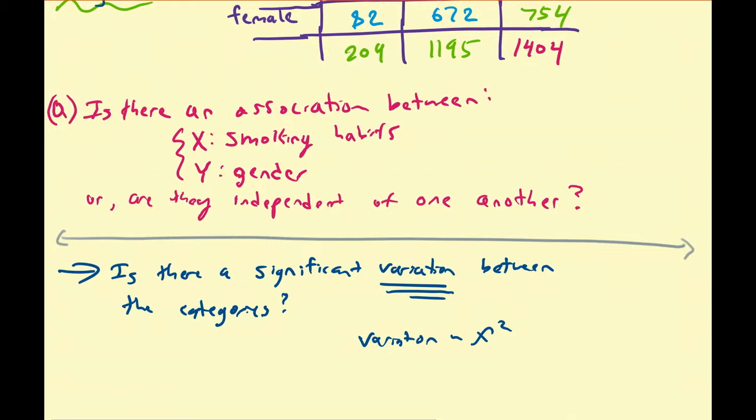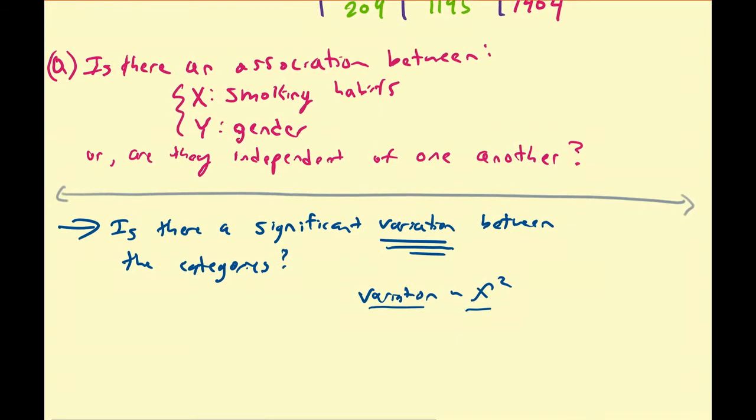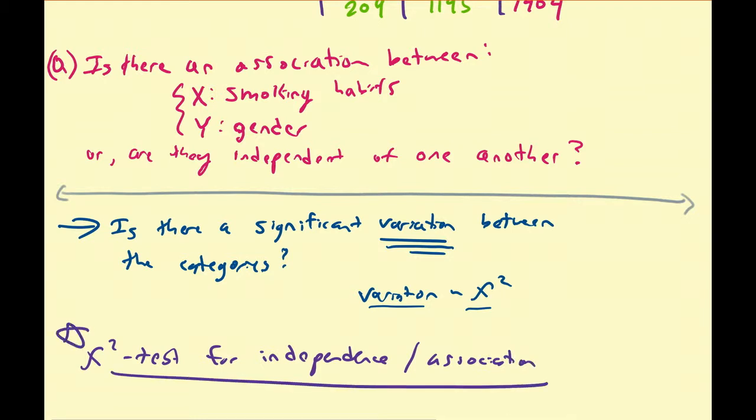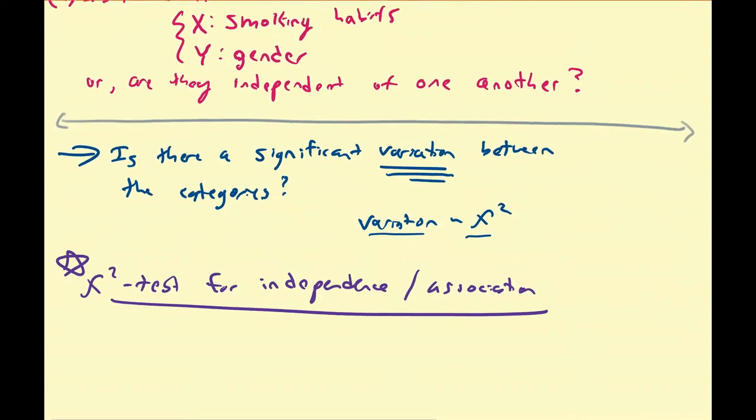So recall that the chi-square distribution was able to allow us to get a confidence interval for the variance of a population. Also, there's definitely some connection between these two concepts, which motivates us to possibly use chi-square for this test as well. And this is sometimes referred to as a chi-square test for independence or association. So that's what this test is commonly referred to as.